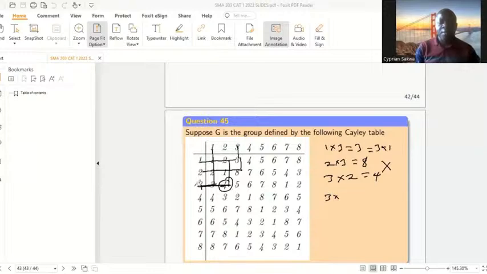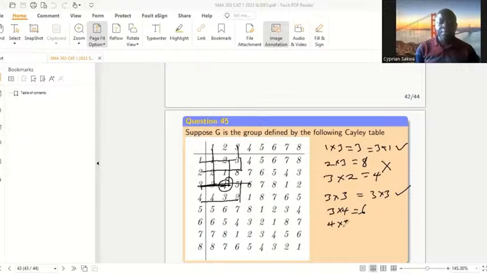What about 3 with itself? 3 times 3, of course it will commute. 3 times 3 is 5. So 3 commutes with itself. So we found one member of the centralizer here. And what about 3 times 4? 3 times 4 is 6. What about 4 times 3? 4 times 3 is 3.